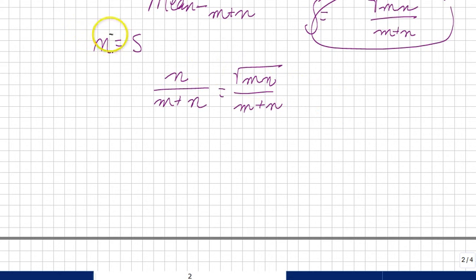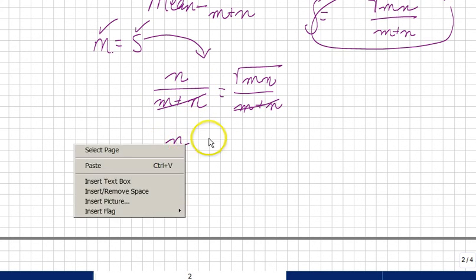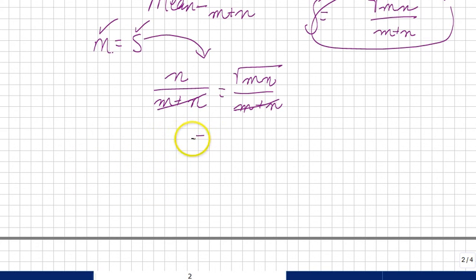So we're using the fact that the mean is equal to the standard deviation, which gives us this little equation here. What I'm going to do at this point is multiply both sides by m plus n, and that will cancel. So I end up with n equals the square root of mn.